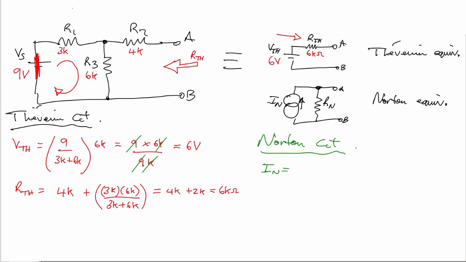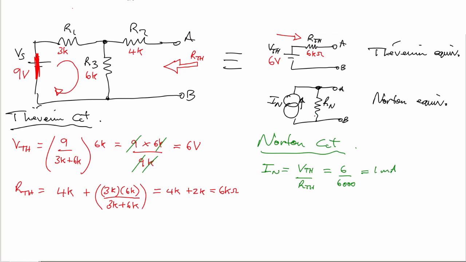So up here, A to B, if there was a short there, what would be the current in the Thevenin circuit? Mathematically it's going to be VTH over RTH, once A and B is shorted in that Thevenin circuit. So that's going to be 6 volts over 6,000 ohms, which is going to give you 1 milliamp.